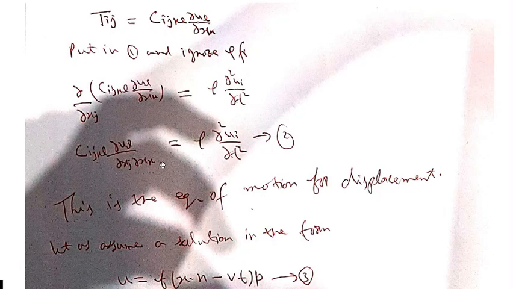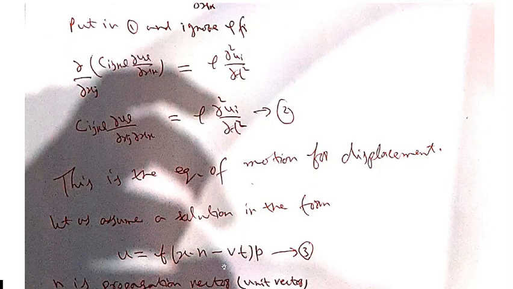These are components of displacement. And this is the partial differential equation. So let us assume its solution in this form: U is equal to, now, this solution is basically in the form of a plane wave.